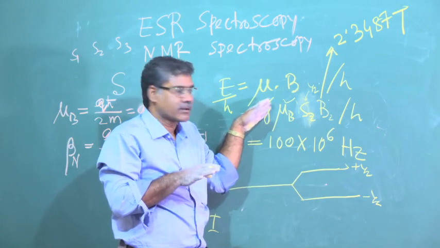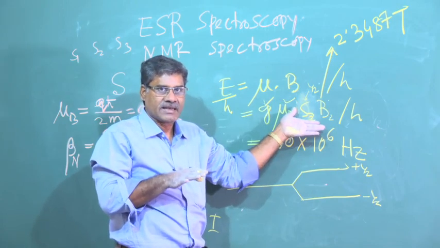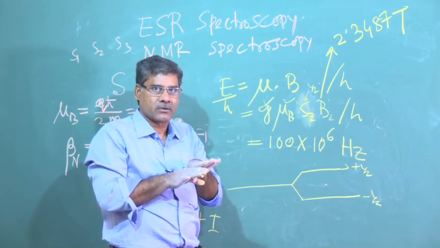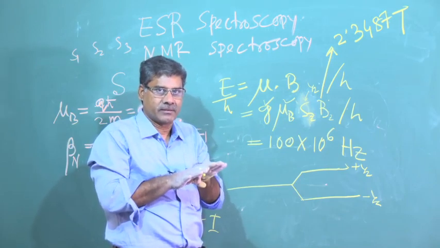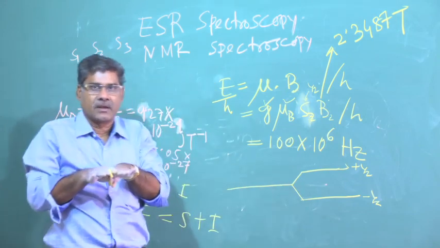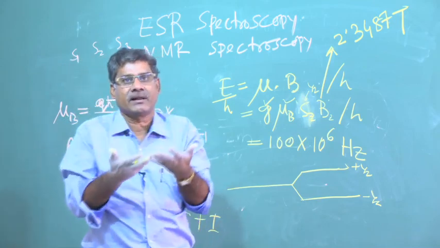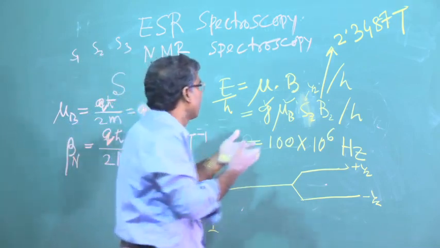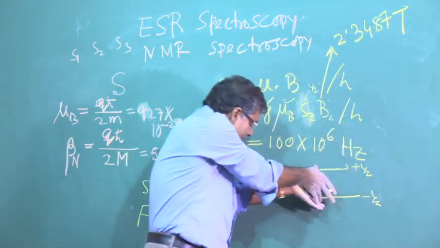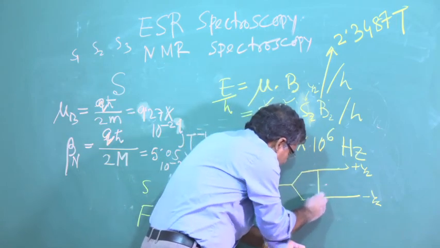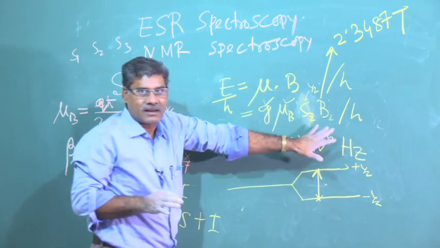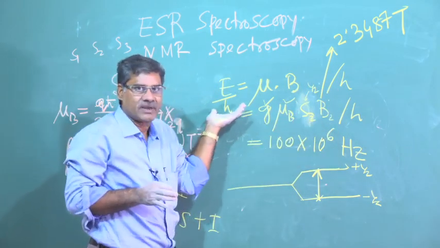Due to electron spin, a magnetic moment is also there. So, if there is no magnetic field, the states are degenerate, they have the same energy. Now, if we apply the magnetic field of this amount, 2.35, it will be split, and the splitting one can write in terms of energy, but I have written it in terms of frequency.